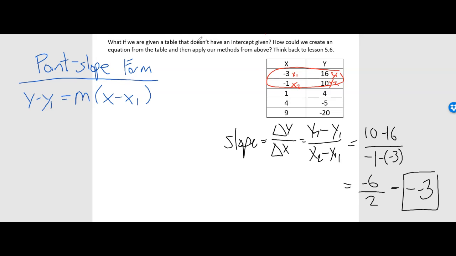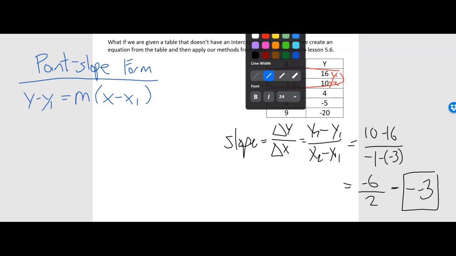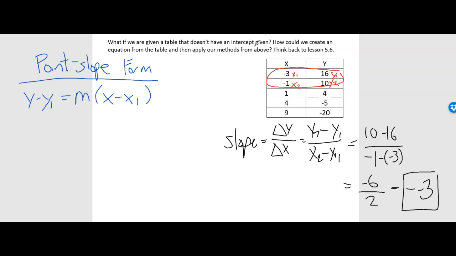So I found my slope, and I already know what my x1, my y1 is because I labeled it in my table. So I have y minus y1, which is 16, is equal to my slope, negative 3, times the quantity x minus negative 3. I can do some simplifying here. y minus 16 is equal to negative 3 times the quantity x plus 3.